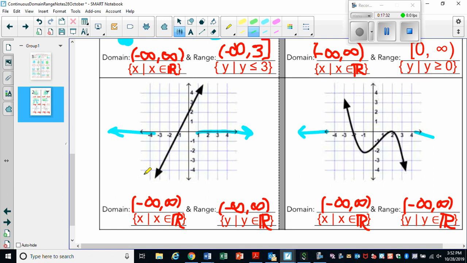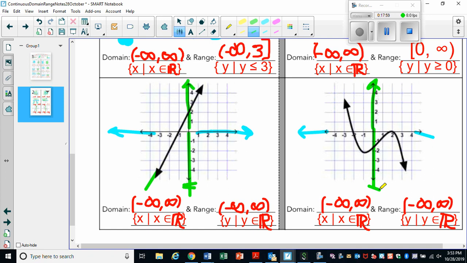And the range similarly is going to go forever and ever, from y equals 0 down to negative infinity and y equals 0 to positive infinity. So our domain and our range for these two problems are both all real numbers.